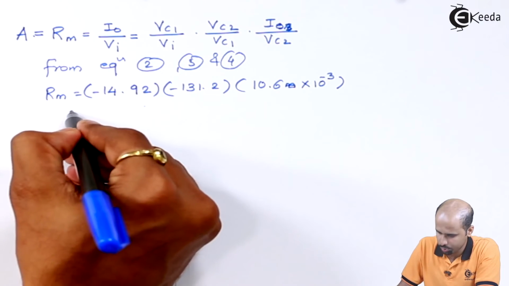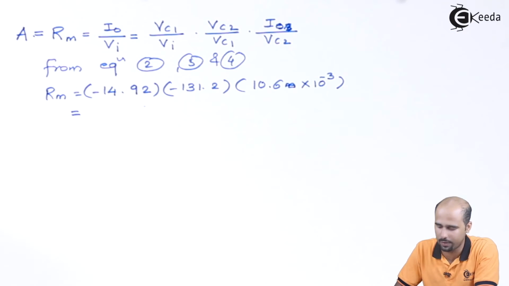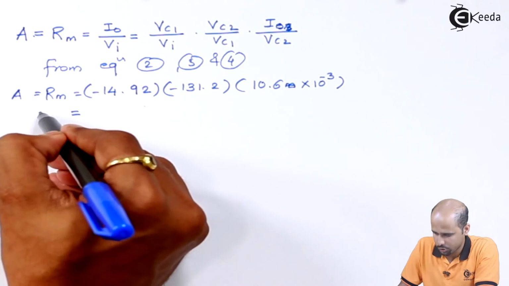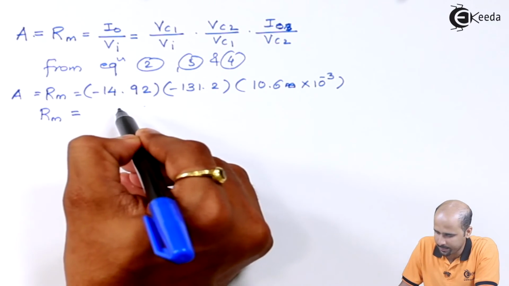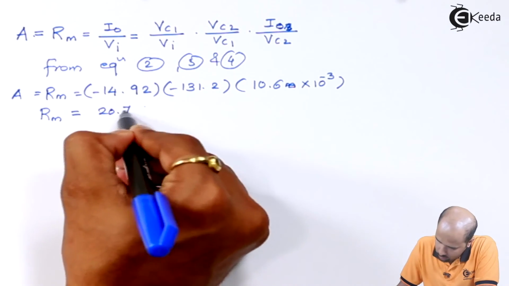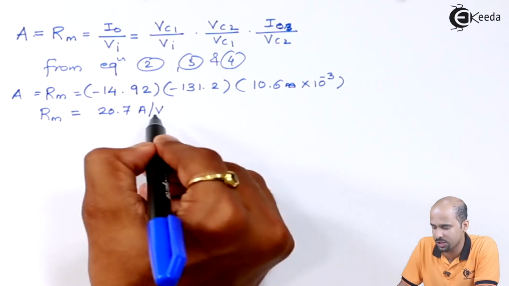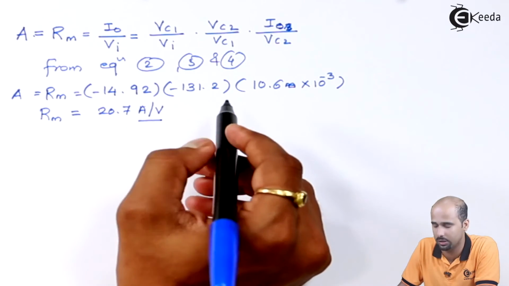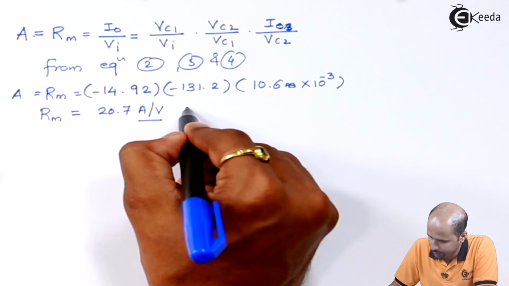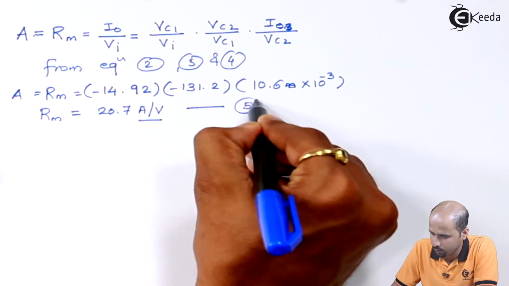Multiply these and we'll get the value of Rm, that is the gain without feedback. So Rm comes out to be 20.7 ampere per volt. Obviously don't forget to write these units because we have a current to voltage ratio. We will treat this as equation number 5.